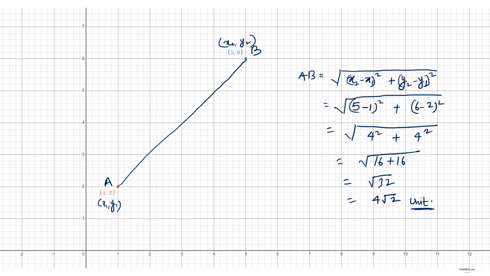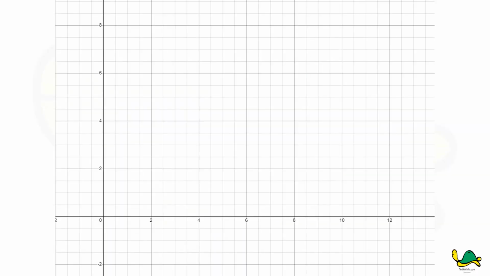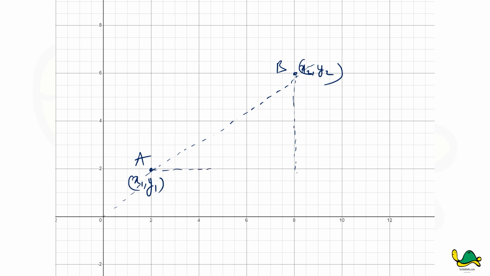Let's see how we can derive this formula. For any points, for example, here I have got, let's say, (x1, y1), and I have got (x2, y2). Let's call this A, this is my B. I'm going to drop perpendiculars from these 2 points, and let's say the perpendiculars meet at C. So what should be the distance of this C?